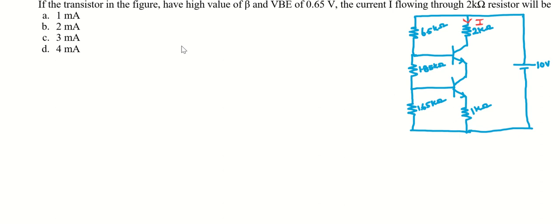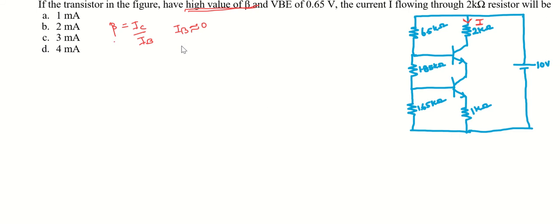In the question it is given that it has a high value of beta. When beta is very large, we know that beta equals IC divided by IB, so IB will be equal to 0. We can neglect the base current.